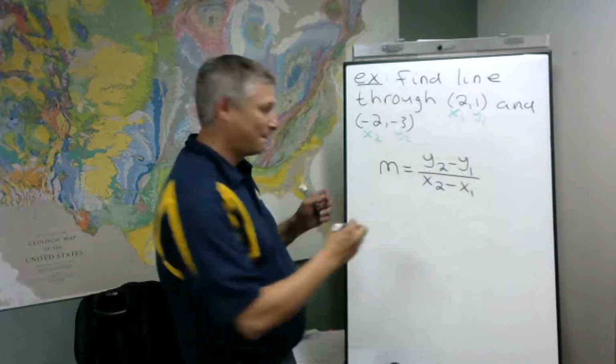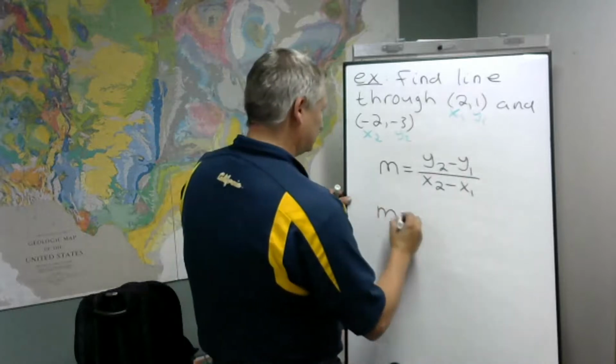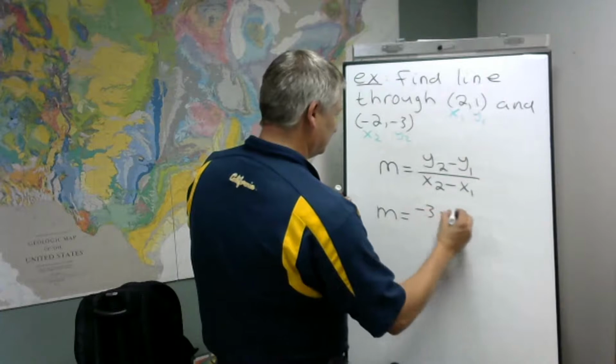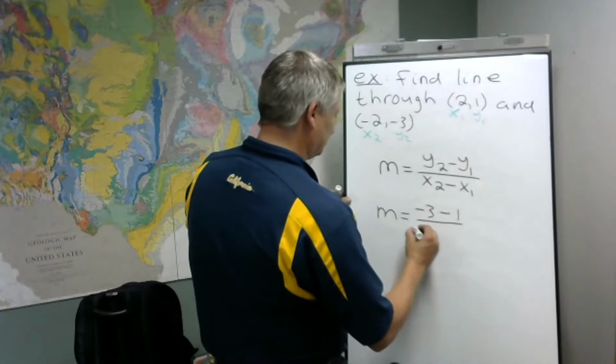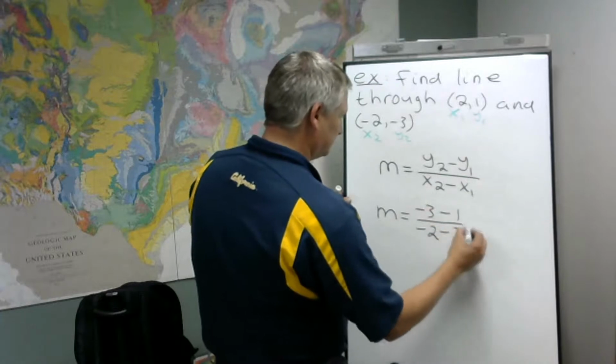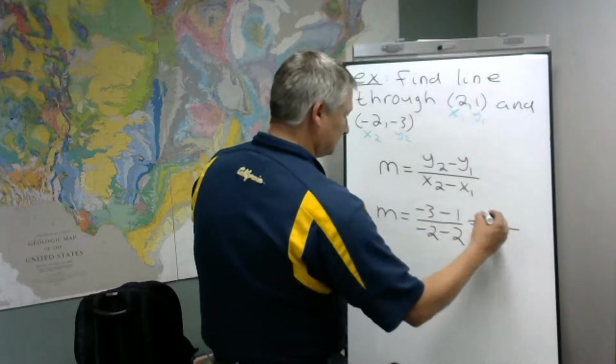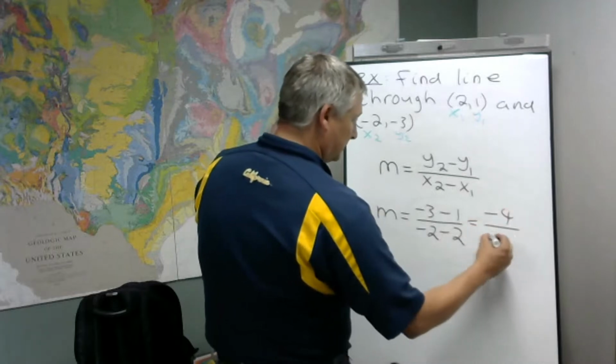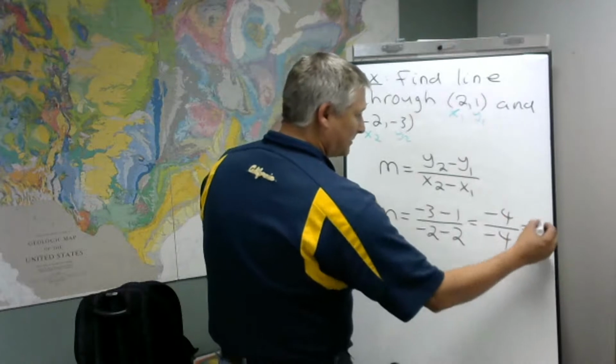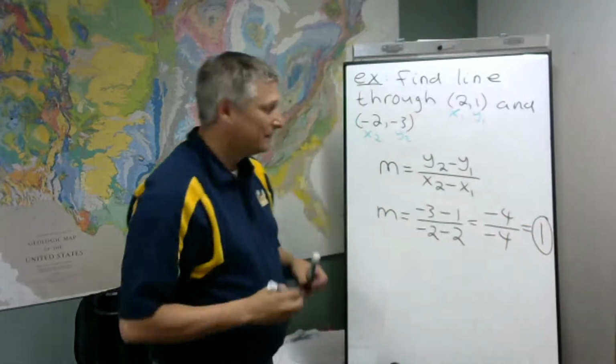So we fill in the numbers. That's -4 over -4, and that comes out to +1.